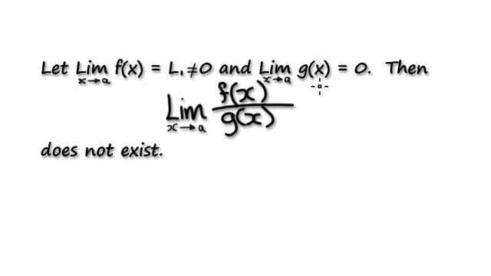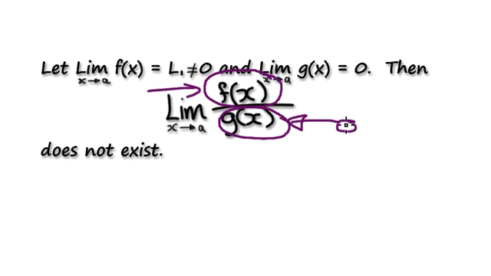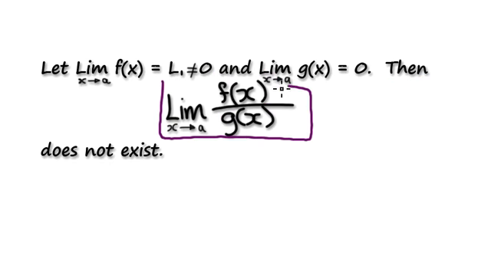Now, having a look at this, it's saying that if this has a limit other than 0, and this one happens to be 0, then the limit of the whole thing does not exist.